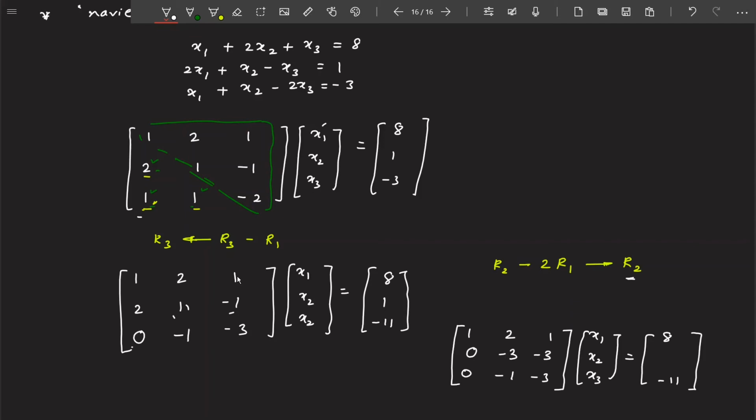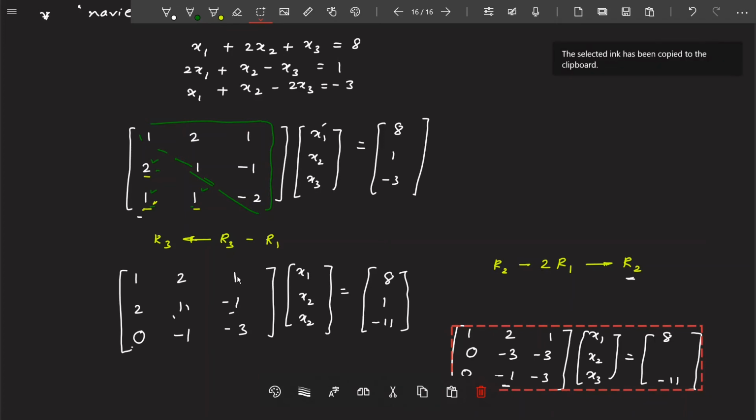Now let us move on to the next step. We have made this element 0, this element is 0. Now the next thing is to make this element 0. Again it's very easy. So let me copy this on the next page.